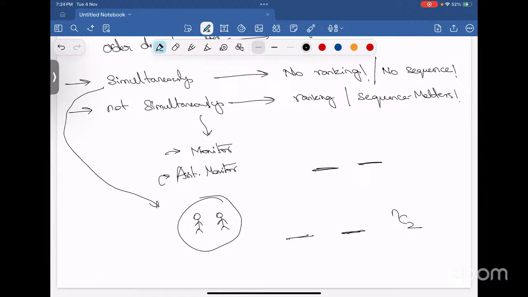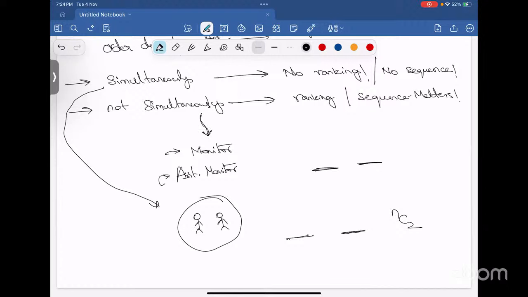Sir, if we are choosing a monitor in a class, then why can we not say whether it is simultaneous or not simultaneous? It may be non-simultaneous. I just said the same example, right?